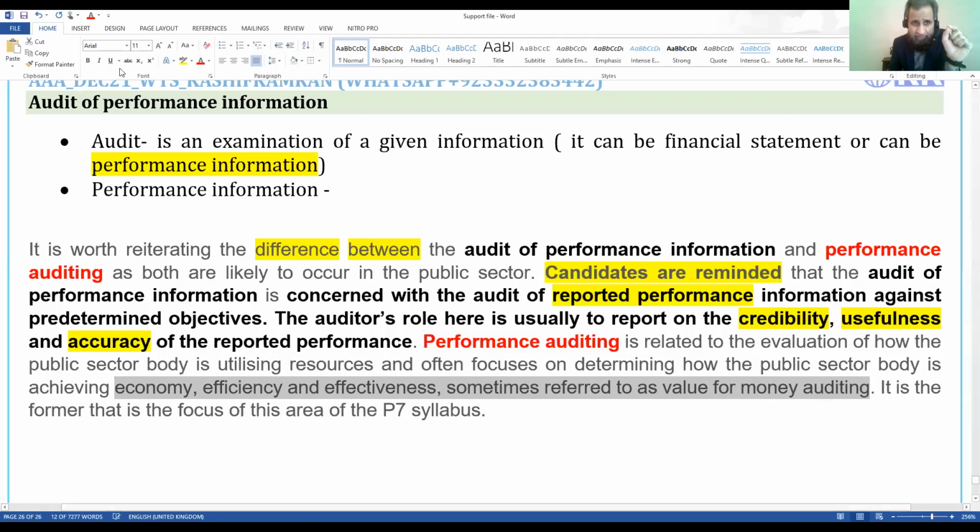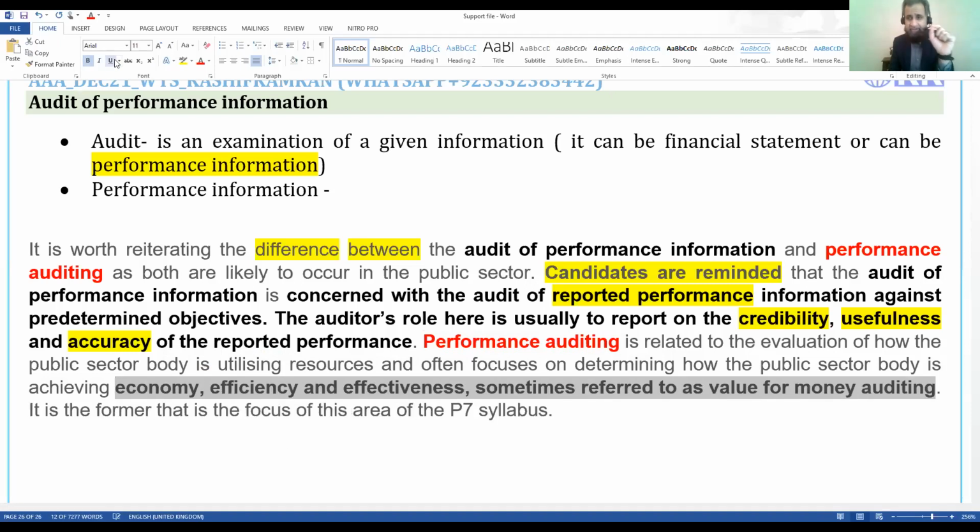Have you covered this topic, value for money auditing, in the AA paper in some context? The 3 E's audit, right? The 3 E's audit. So the examiner is saying the performance auditing is the 3 E's. The performance auditing is looking at the economy, efficiency, and effectiveness.